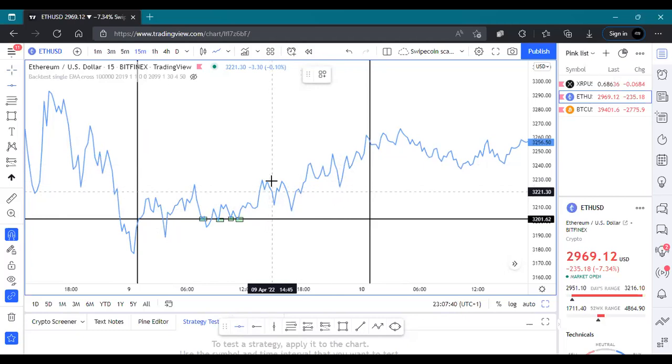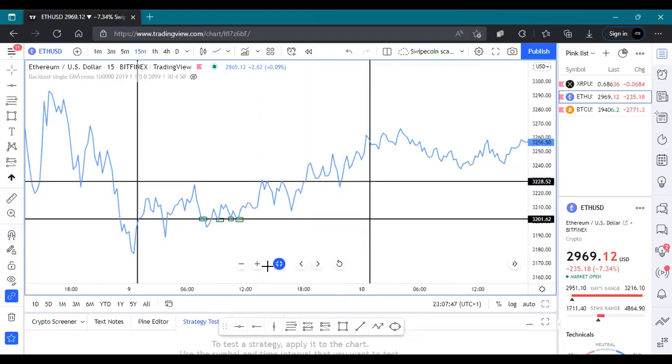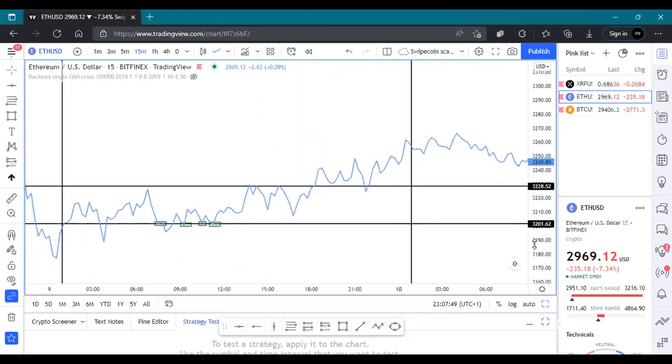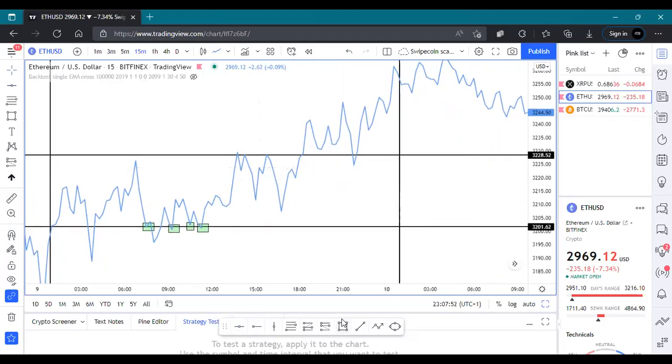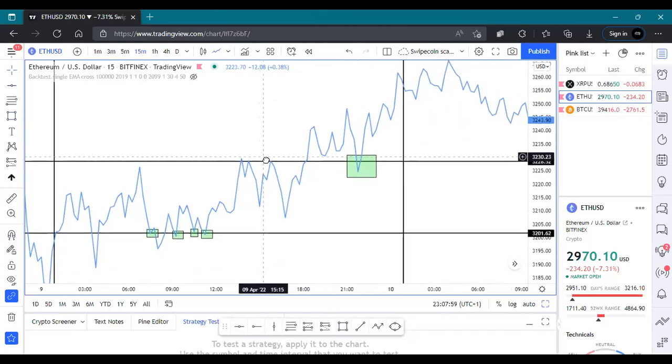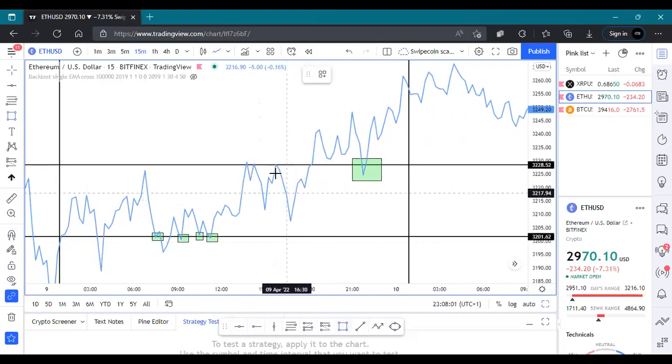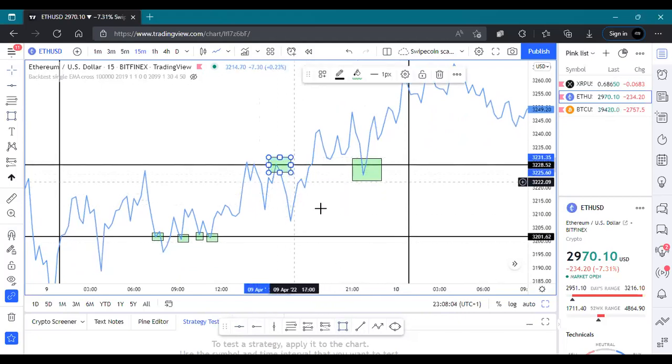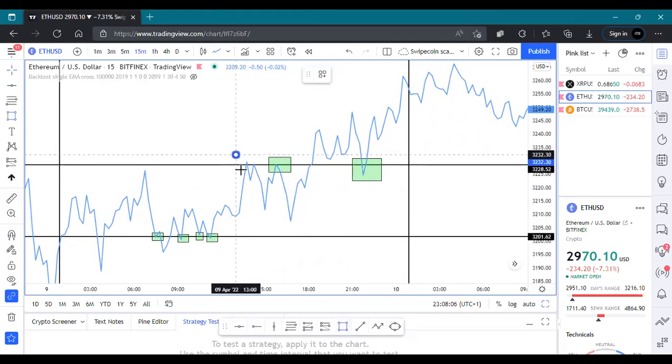If I keep my cursor here, this is another area. Look at a touch here. 1, this is another one, this is 2, this is 3 and 4. There are touches here. So I can tell myself that this is a resistance.